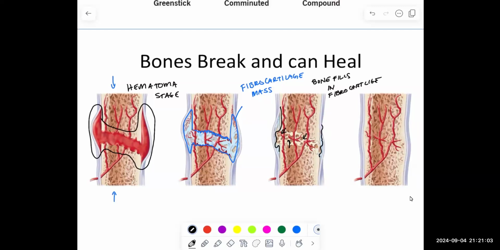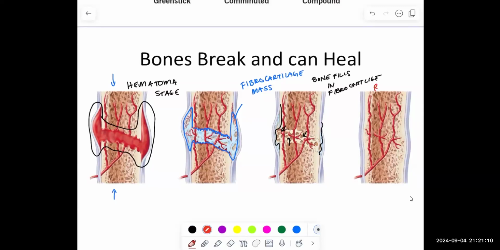Lastly, it needs to reconstruct itself. Reconstruction is going to highly depend on the cells that break all of that excess bone down. So the osteoclasts are going to reconstruct the bone so that it is as back to its original shape as possible.